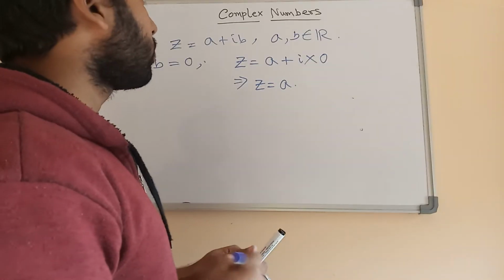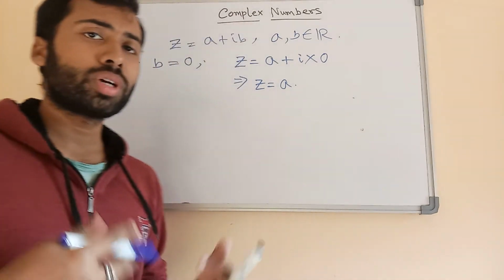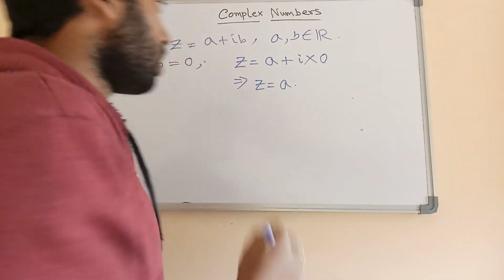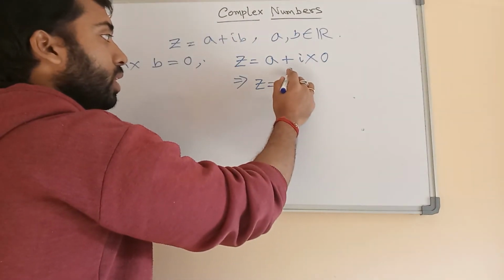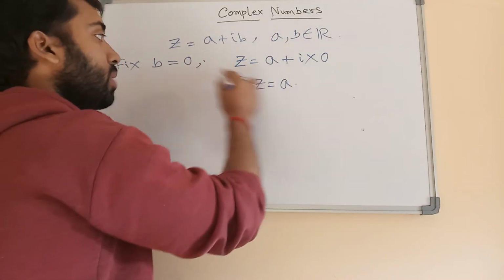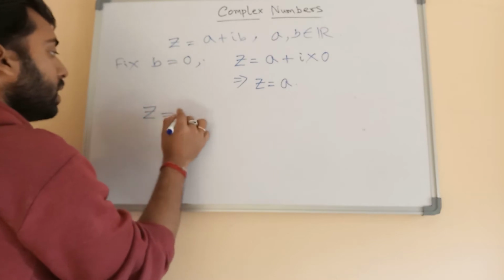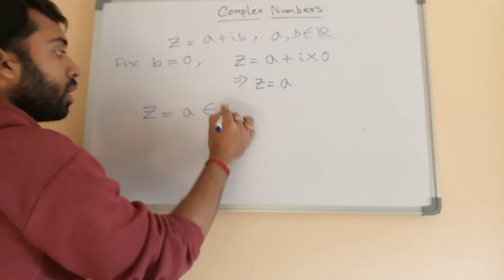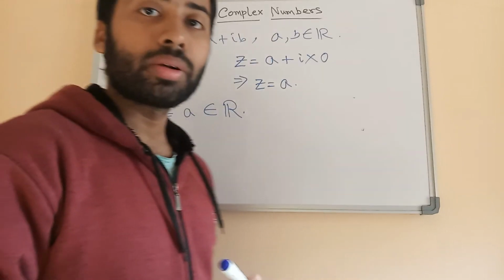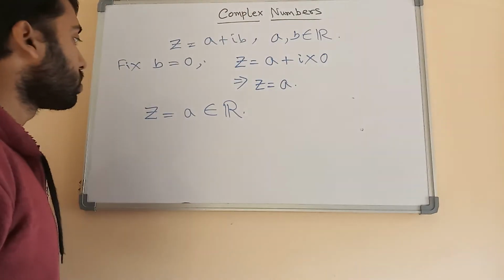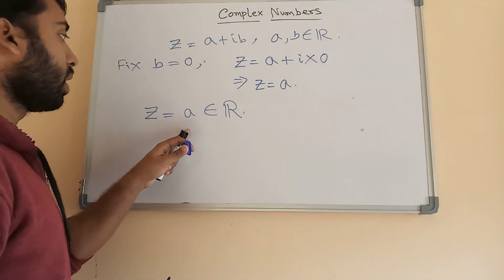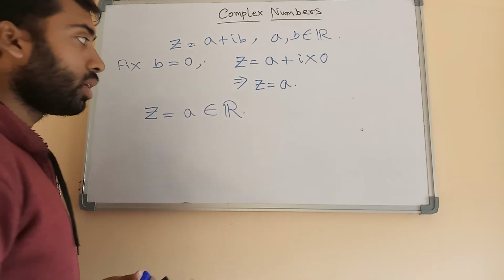Now a is taken from the set of real numbers, so you can put different values of a, and that value will be the same for z. So that means z equals a, which belongs to R. For different values of a, I am getting different values of z.